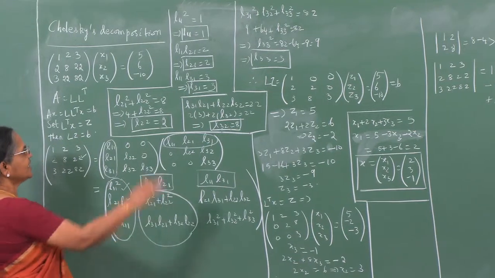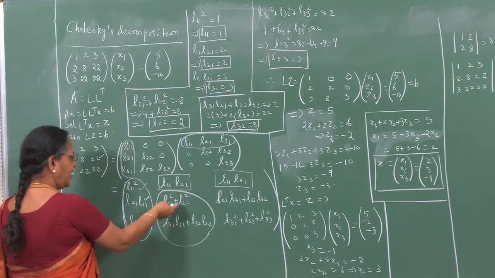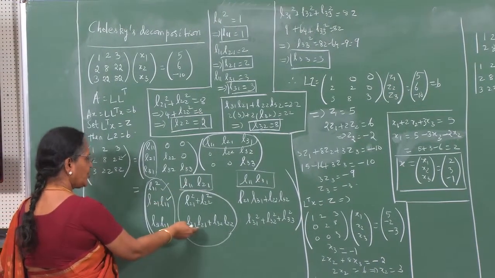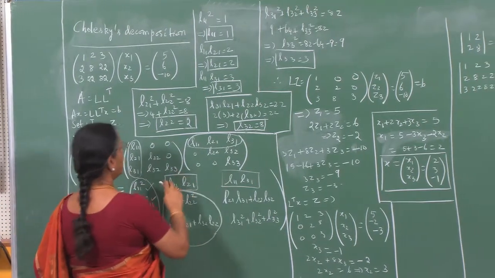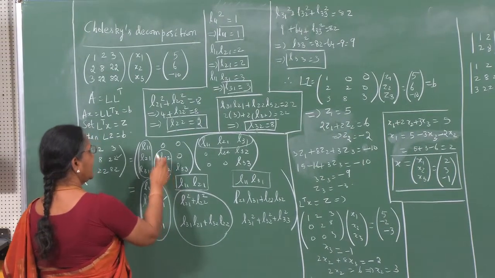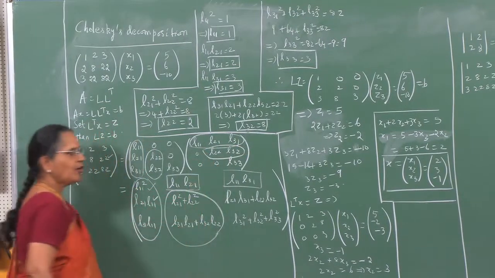So, what is it that we have got at this step? By equating the entries in the second column below the first row to the corresponding entries in A, we ended up with the entries L22, L32 in the second column of L, and therefore, in the second row of L transpose.